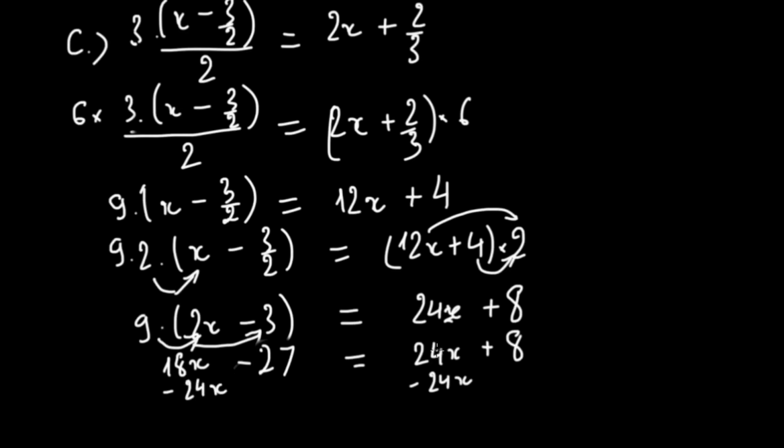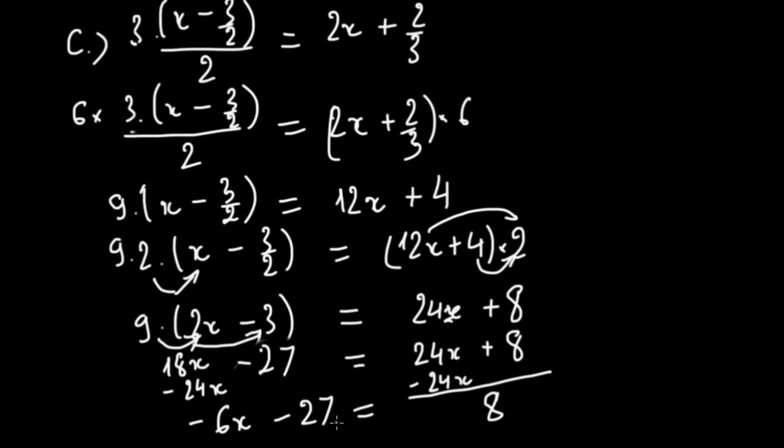To get rid of 24x on the right hand side. So the right hand side only we have 8. And the left hand side, we see 18x minus 24x. We have negative 6x minus 27 equal 8, right? Now we add 27 to both sides.